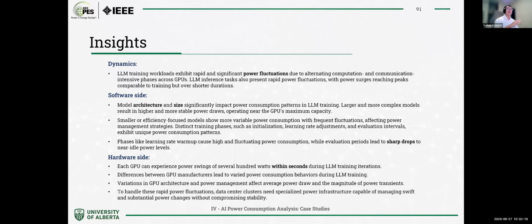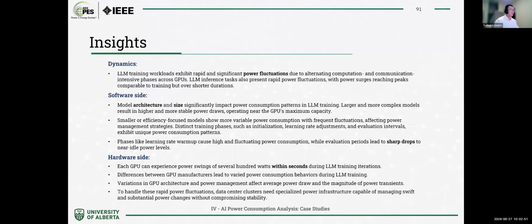We're not saying the model is good or bad, but they show more variable power consumption with frequent fluctuations. Really interesting behavior. And as I mentioned, distinct training phases also introduce unique power consumption patterns. Phases like the learning rate warm-up introduce highly fluctuating power consumption. This can be seen in the fine-tuning stage.